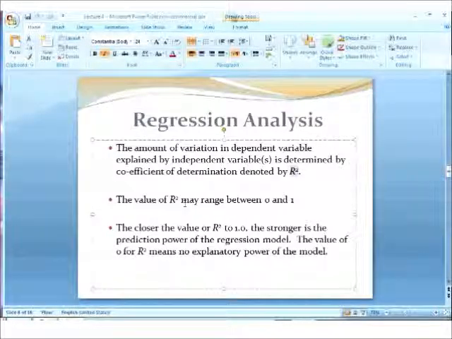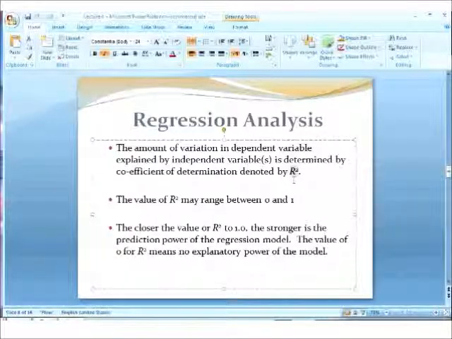The value of R square may range between, again, 0 and 1. So the higher the value of R square, the stronger the model is, which means we have selected the right independent variables that explain the maximum variation in our dependent variable, how it is decreasing, how it is increasing, where it is increasing, where it is decreasing.